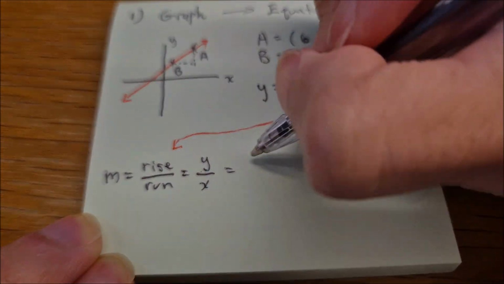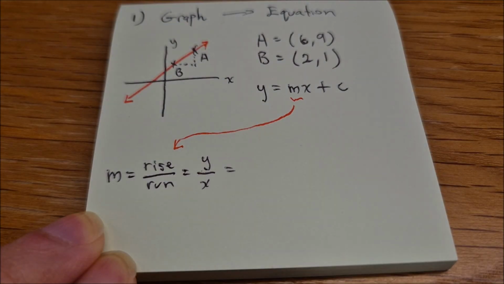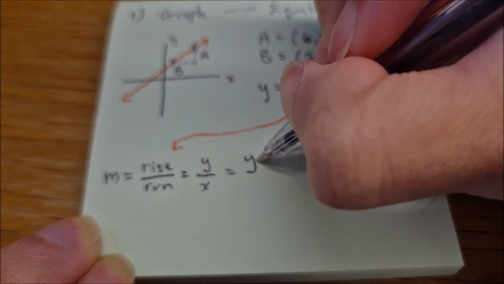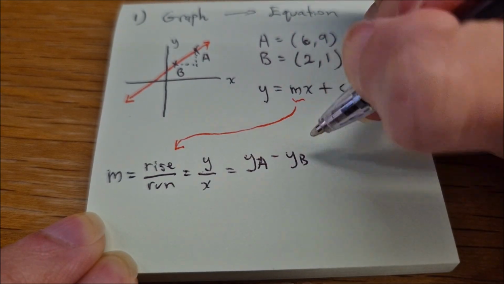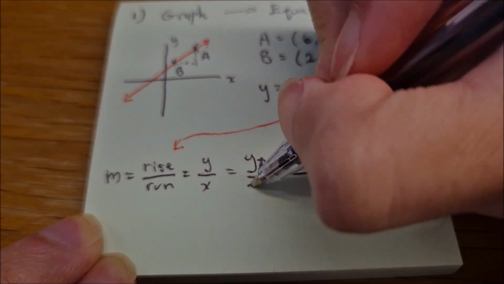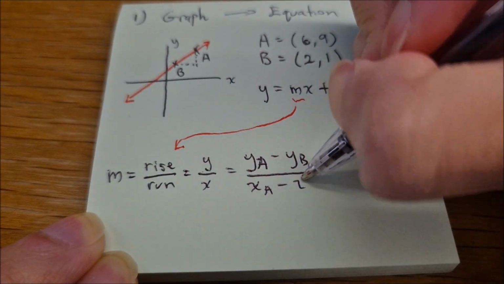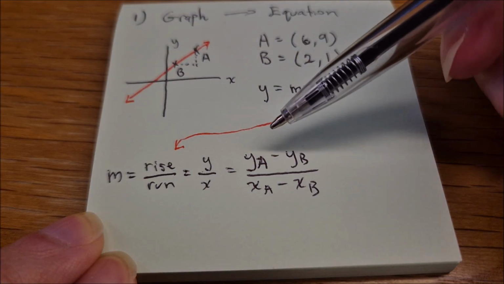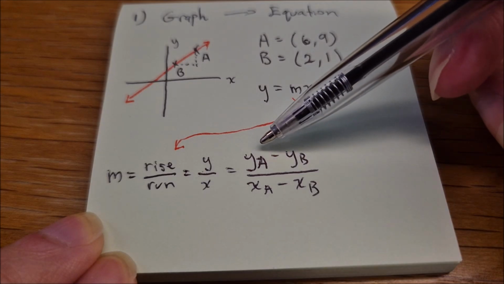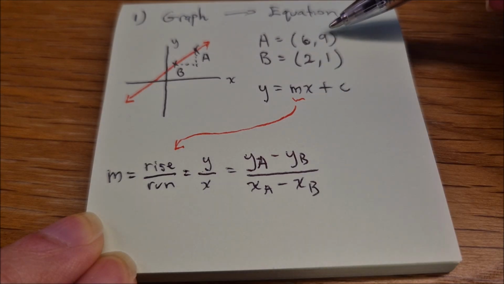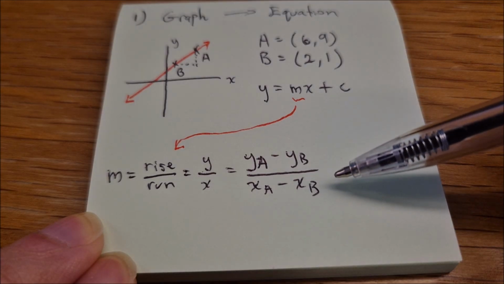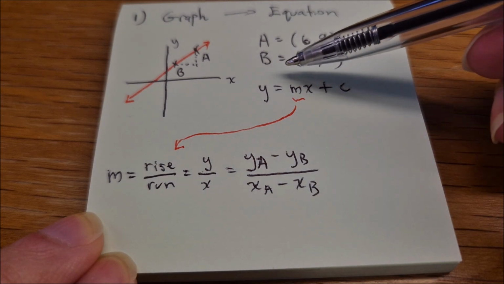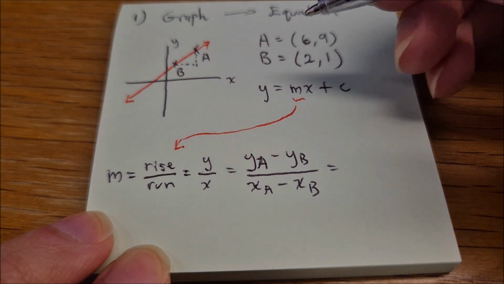So in general terms, our y distance is just the distance between the 2 points in the y direction, which will be ya minus yb, over xa minus xb. The subscripts denote the coordinates of the point. So ya is the y coordinate of the A point, and xb is the x coordinate of our point B. Now we can simply substitute these in.